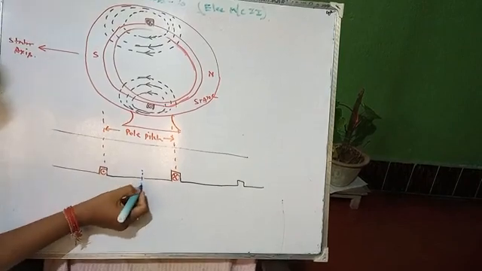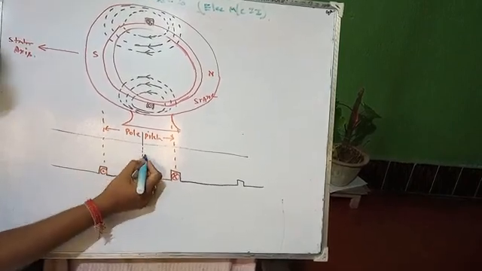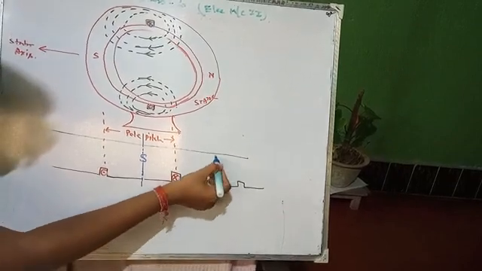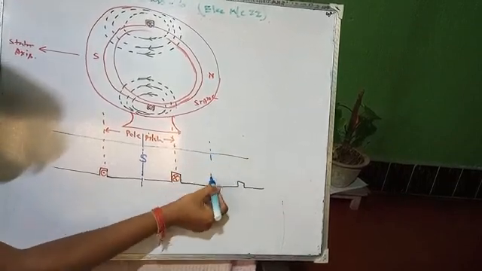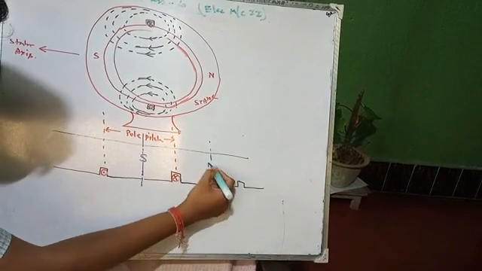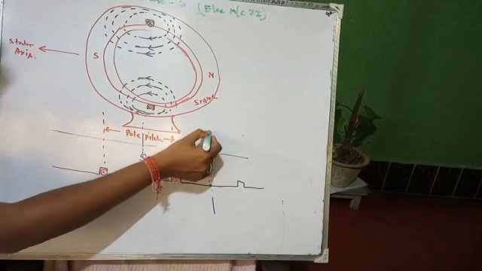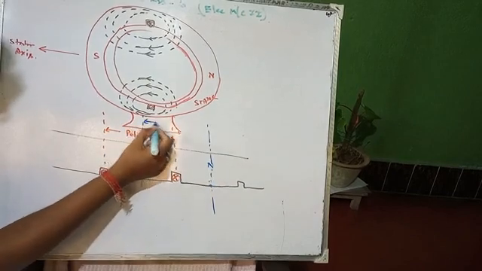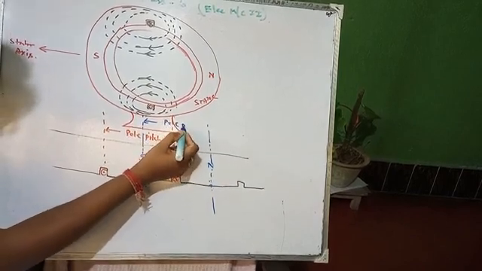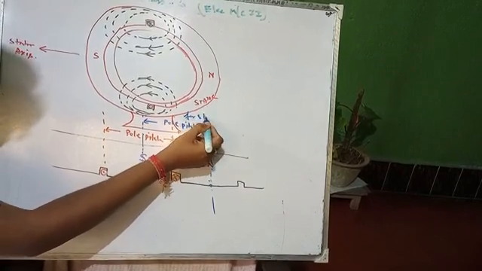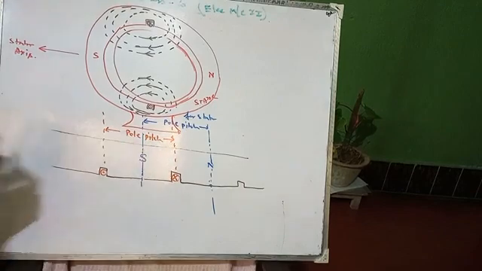So this is the axis for the south pole. Similarly, this will be the axis for the north pole, exactly at the midpoint between these. This is the pole pitch for stator, and this is the pole pitch for rotor.